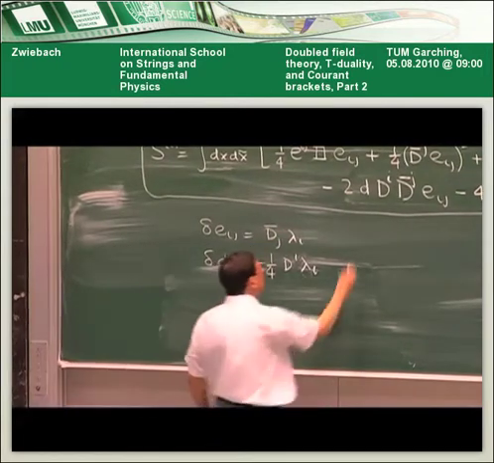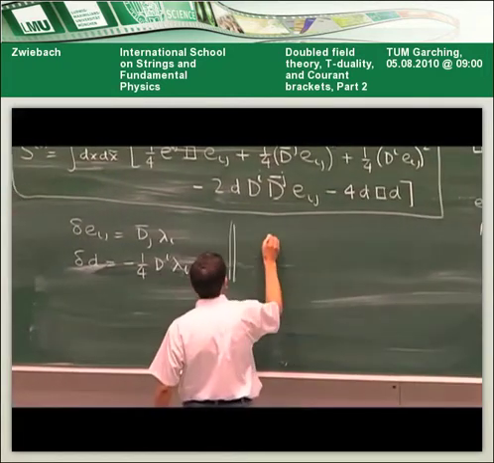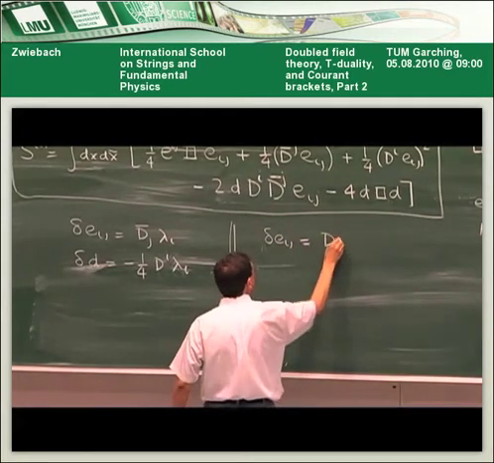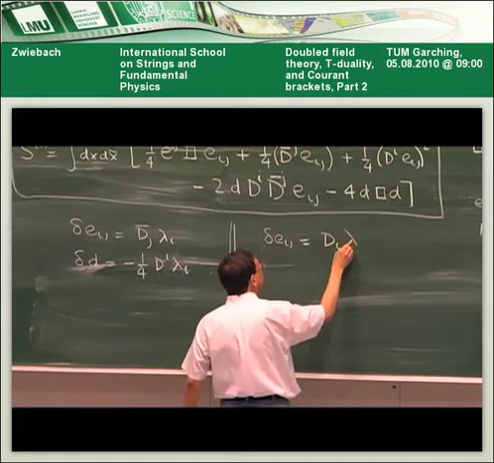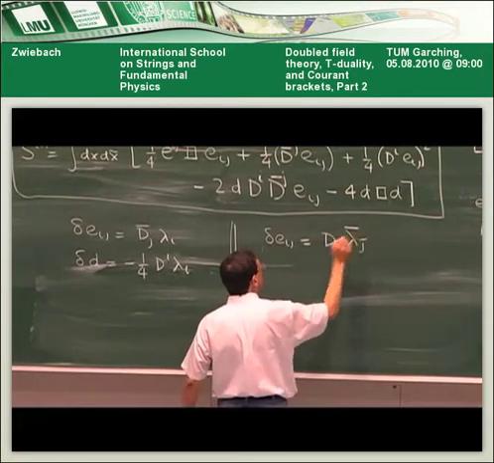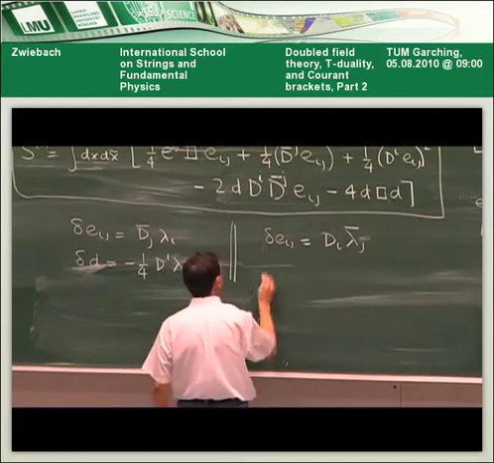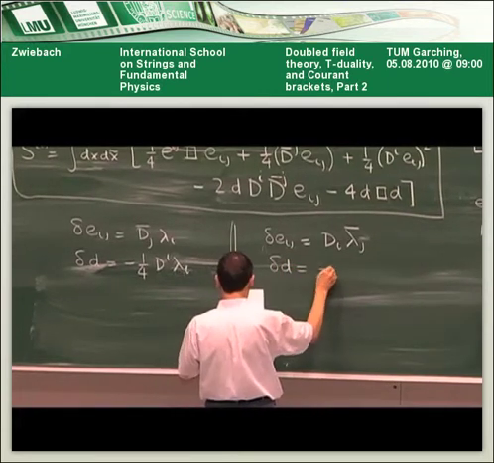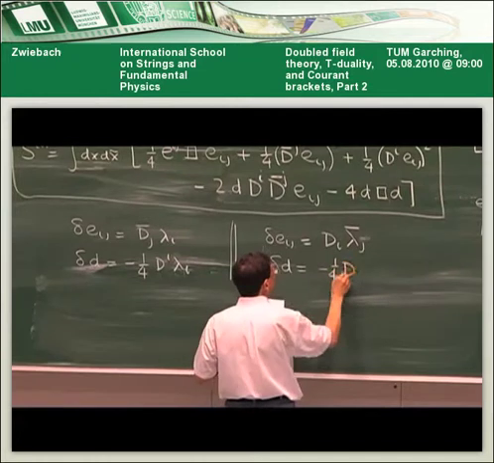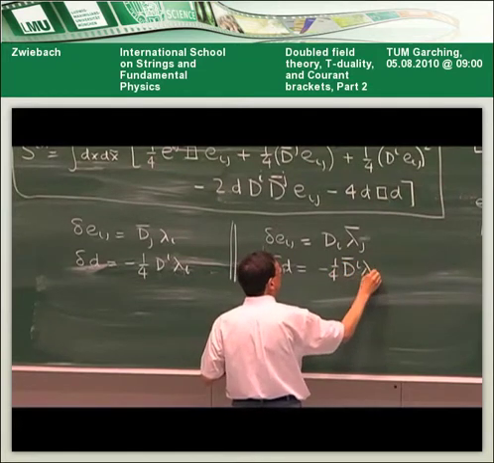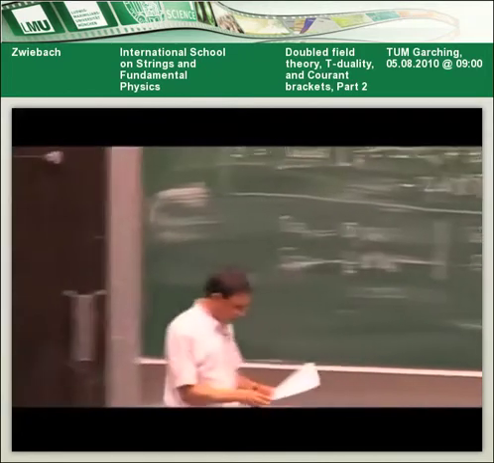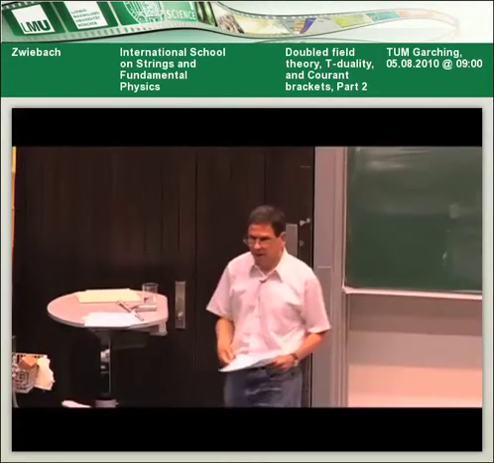But there's another gauge transformation, which is delta E_ij. You could imagine it's a d on the first index and a new parameter, lambda bar j. You could bar the index or you may not, and for which the dilaton transforms with minus 1/4 D^i bar lambda_i bar. So that's another gauge invariance.